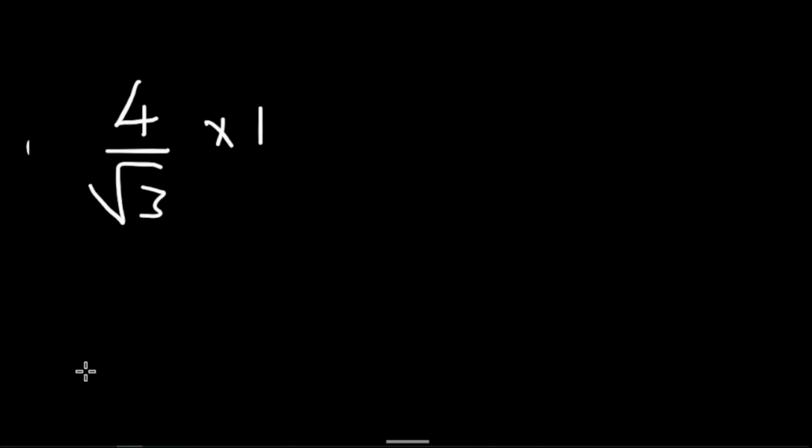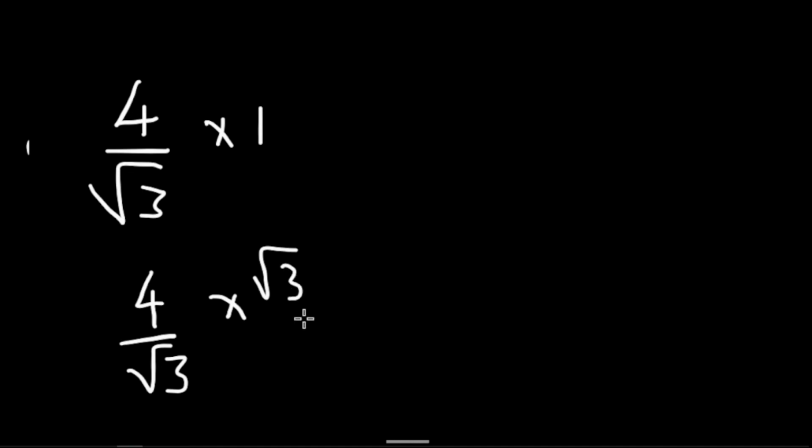You multiply that by 1, and then that is going to be 4 over root 3. And then since we have got 1 and then we are trying to rationalize, what I can simply do is that I can make my root 3 come on top because we are rationalizing the denominator. So that becomes root 3 over root 3.